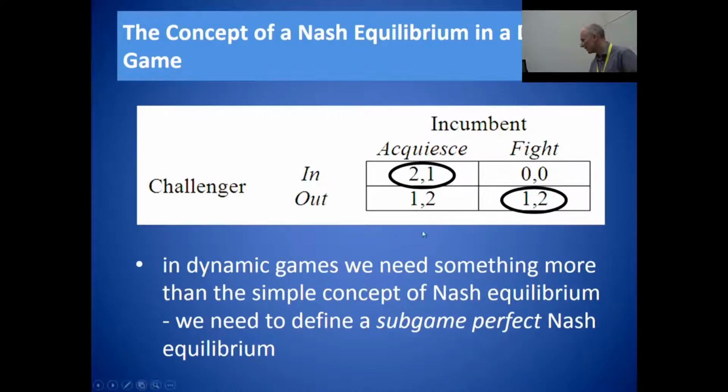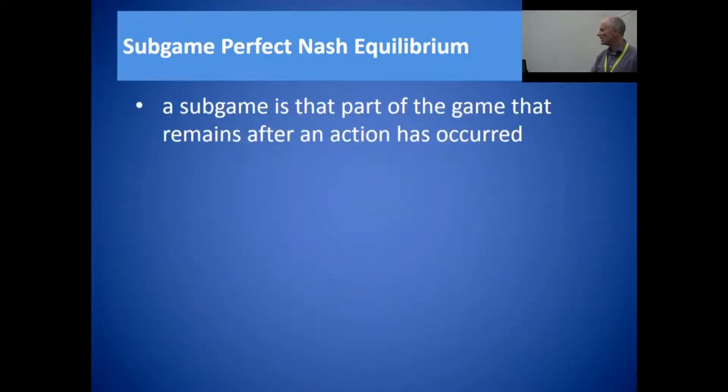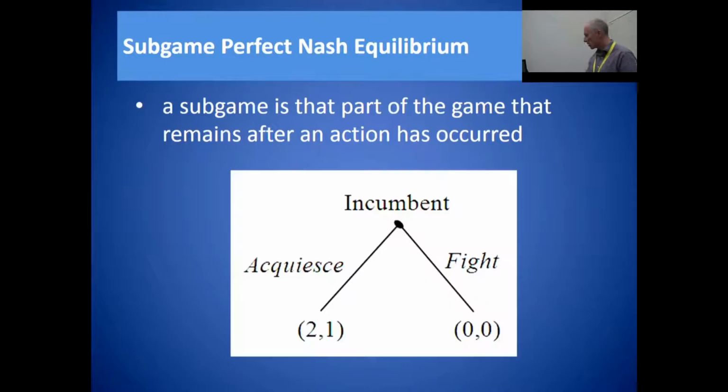Well, the first part of that is a subgame. Now, you know what a game is. All these scenarios that we're running through are games. But what is a subgame? Well, a subgame is simply that part of a game that remains after an action has occurred.